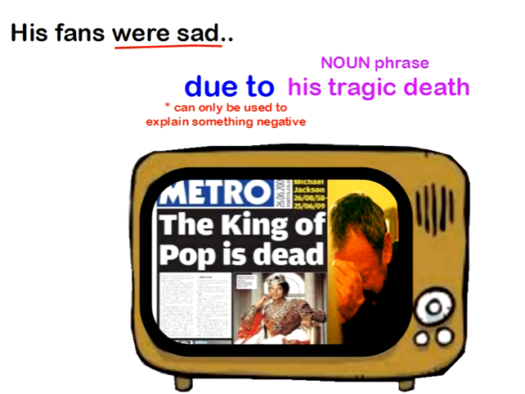I can use due to describe why, okay? So I cannot use due to explain something positive, right? I cannot use due to describe why something is good, only to describe why something is bad, why something is negative, okay? But again, due to I use with the noun phrase.